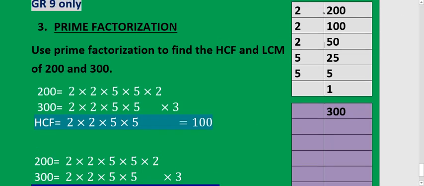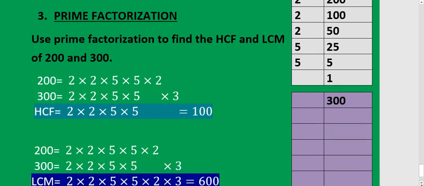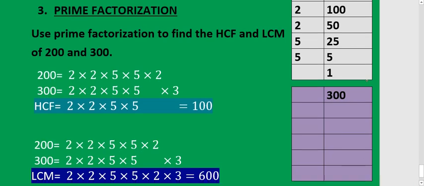Remember we did that for 200. 200 divided by 2 is 100. 100 divided by 2 is 50, and so forth until we got to 1. So let's do the same for 300, because remember we're trying to find the HCF and the LCM, but we must use the prime numbers. That's what prime factorization means. You need to use the prime factors to find the HCF and the LCM.